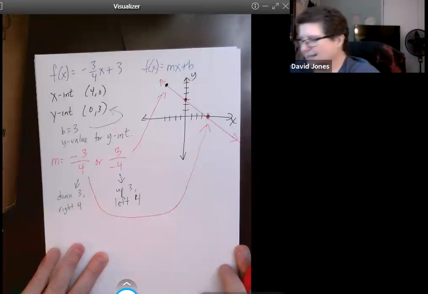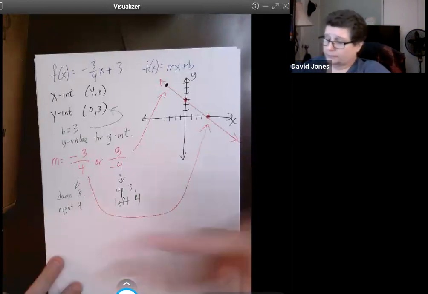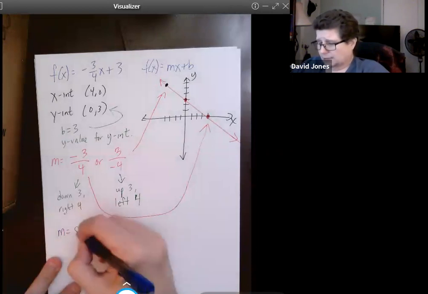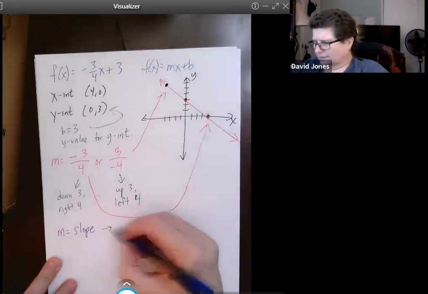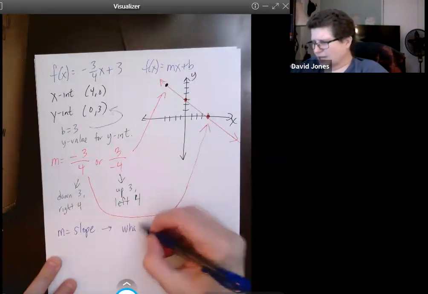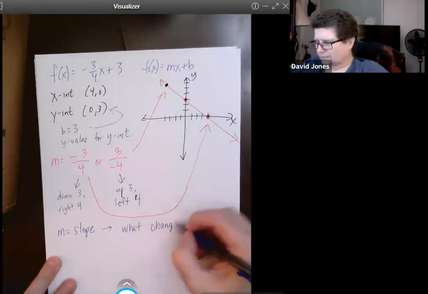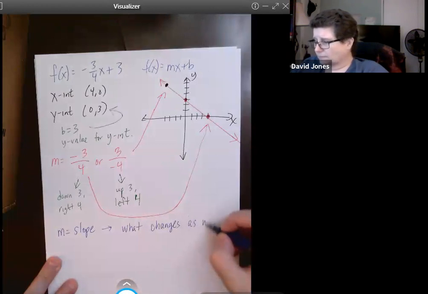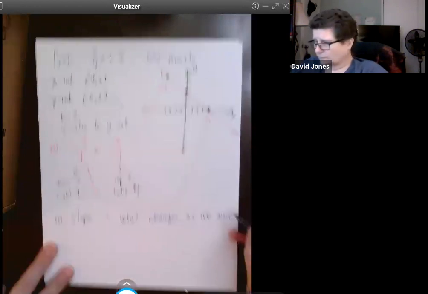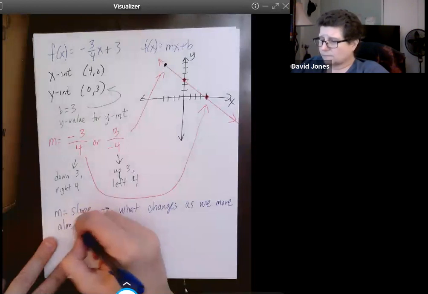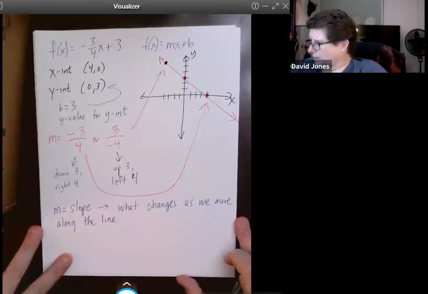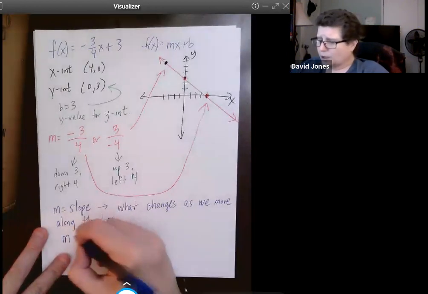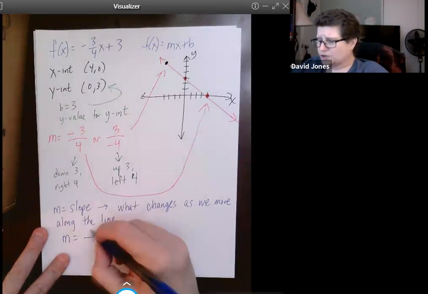And m is called the slope. And it's what changes as we move along the line. So the top part of the fraction is a change in the y value.